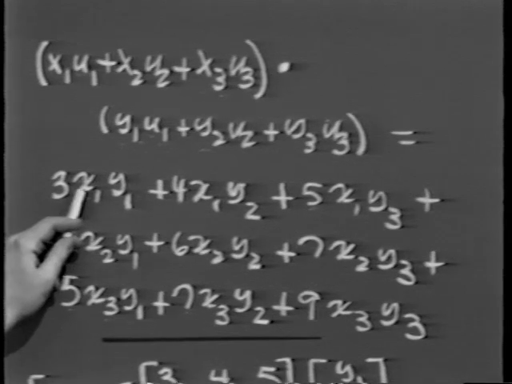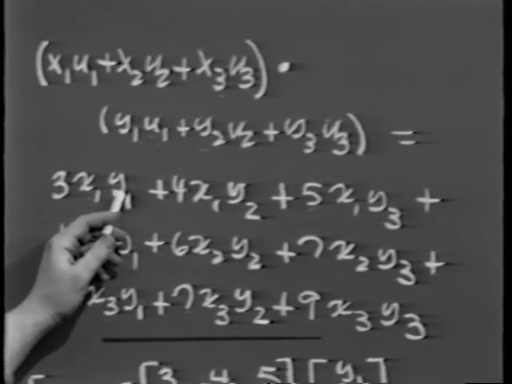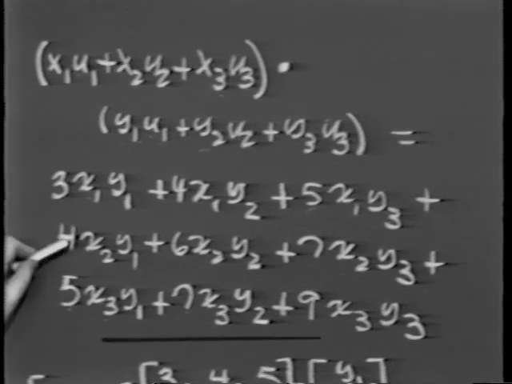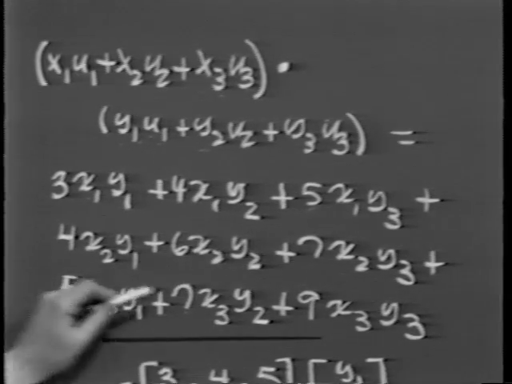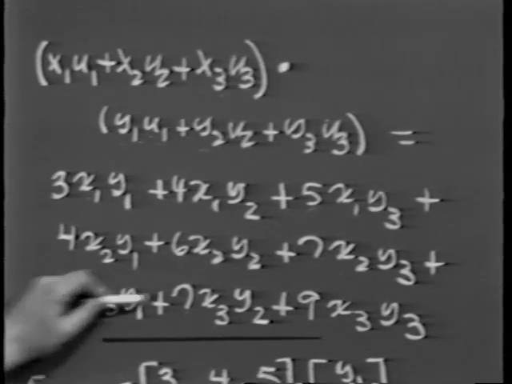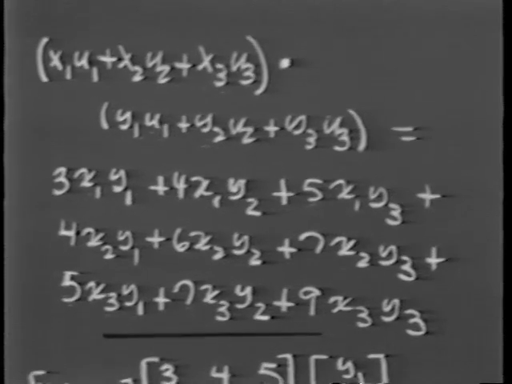I've written this so that the x's are always the left side factor and the y's are always on the right. Notice that there is a matrix of coefficients, namely 3, 4, 5, 4, 6, 7, 5, 7, 9, and that consequently I can write this array of 9 terms simply as the following product.